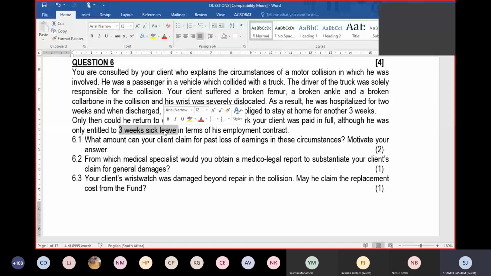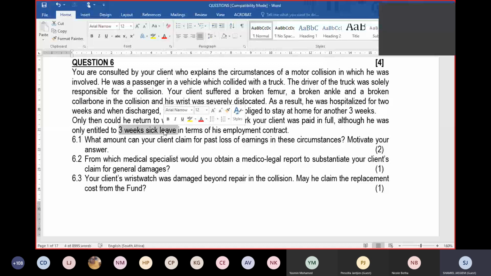So he got compensation for 5 weeks, but in terms of his contract, he was only entitled to 3 weeks, which means that his company gave him 2 weeks extra. They paid him 2 weeks extra, even though he was not entitled to that. One can argue they gave it to him as a gift.